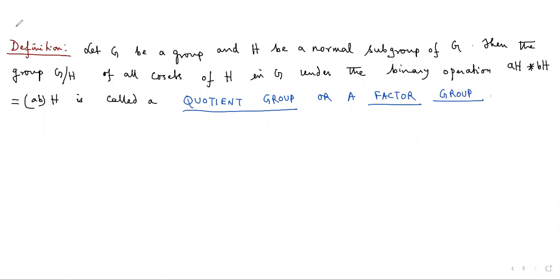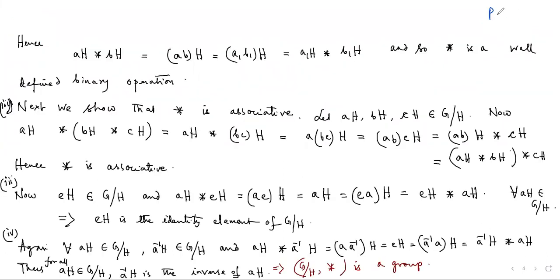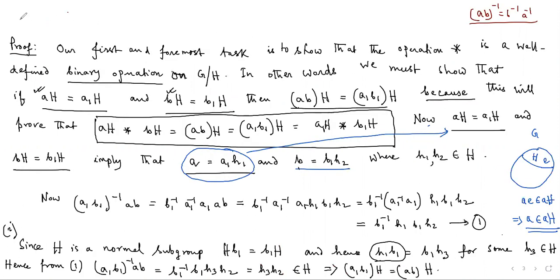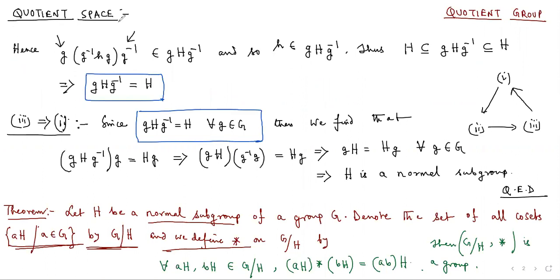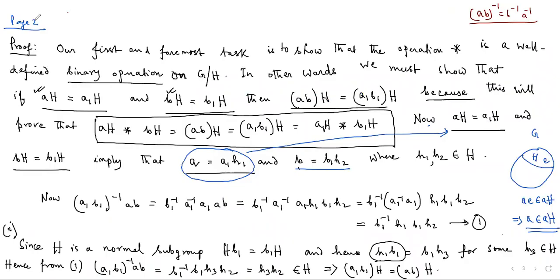It's a very important definition. You can ask me, why did you take the pain of doing this calculation in detail? Because in the online examination, you may encounter questions with respect to the quotient group.